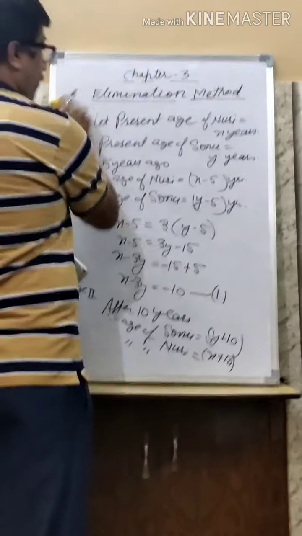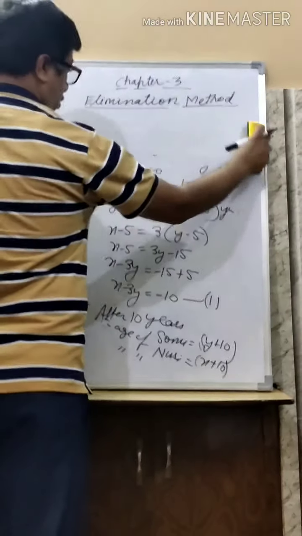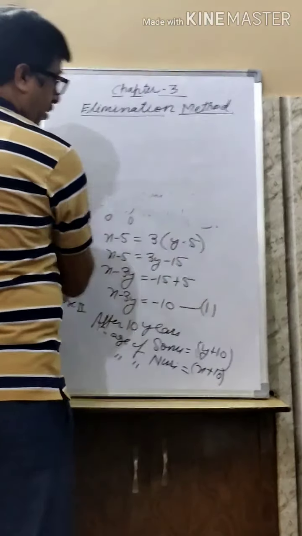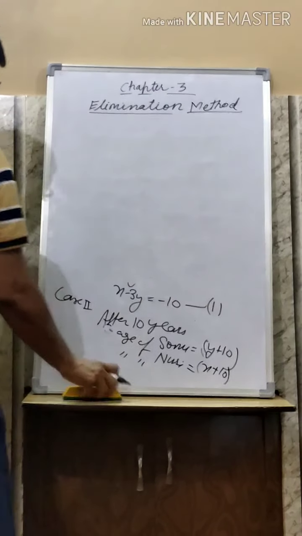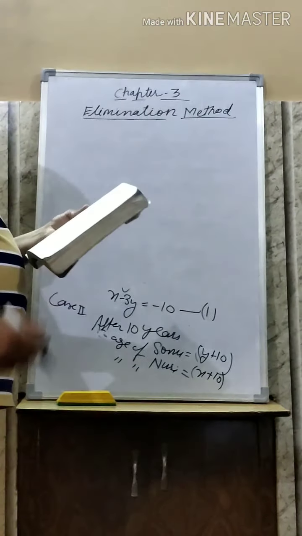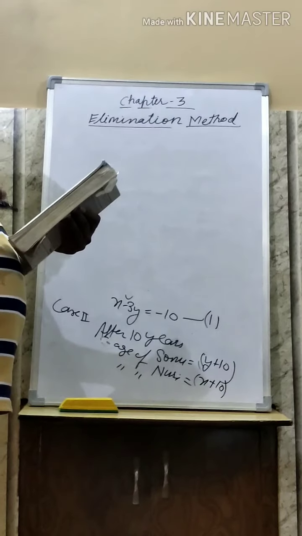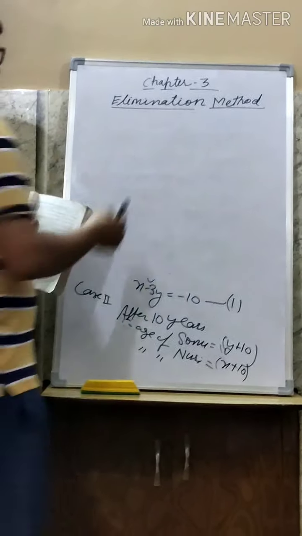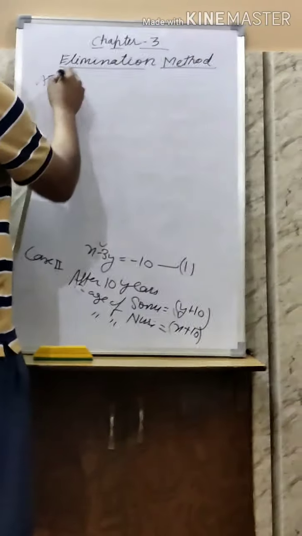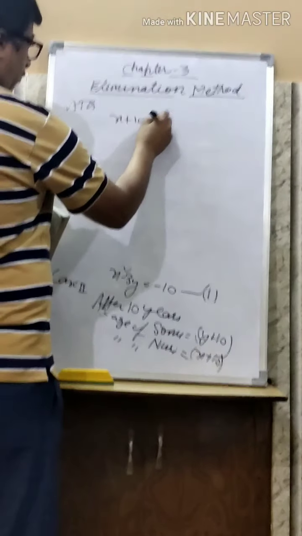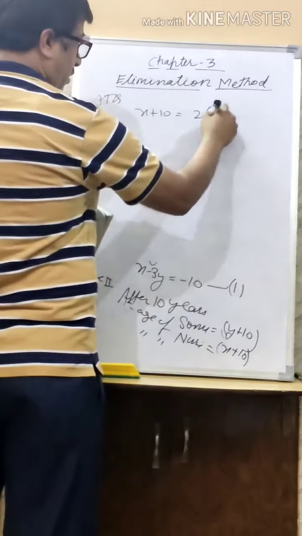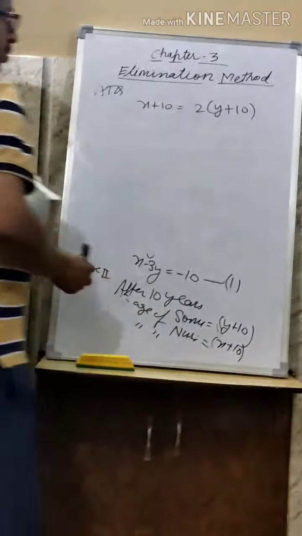So now, according to the question, what will you say? After 10 years, Nuri will be twice as old as Sonu. So after 10 years, Nuri's age x plus 10 will be twice the age of Sonu. Clear this?